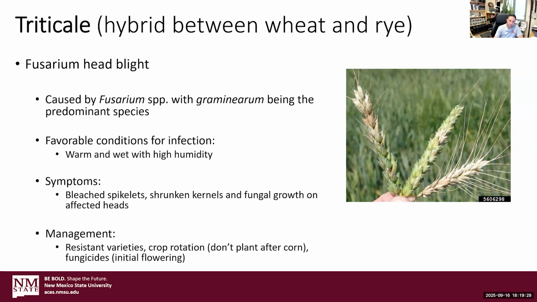You don't want to plant this triticale after corn, and there are fungicides. But again, we really want to limit the amount of fungicides and even the amount of inputs that we need for our cover crops, because then it won't be worth it to establish those cover crops with our cash crops.